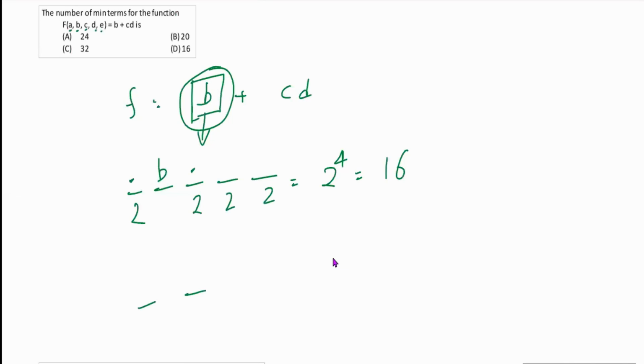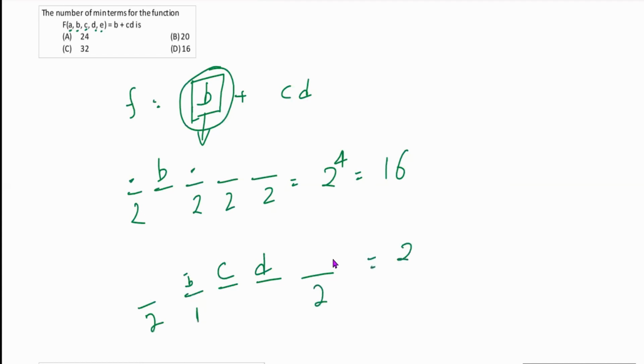Again I am taking 5 variables, and I am fixing the C and D places. Here I can place A or A bar, that is two possible combinations. B I have already taken into consideration in the previous one, so I will take only B bar here. That means I can fix only one value here, and two possible combinations are here.